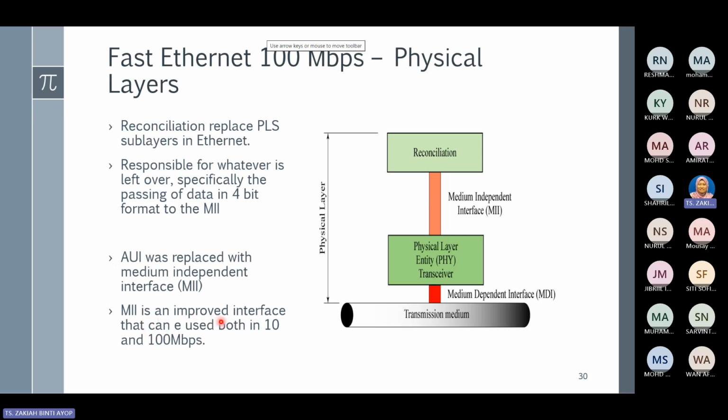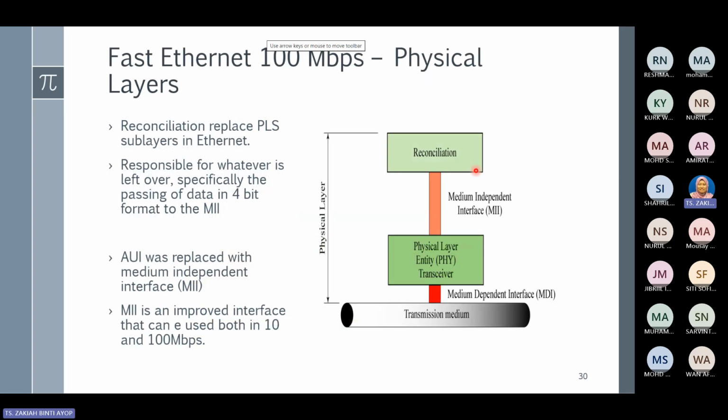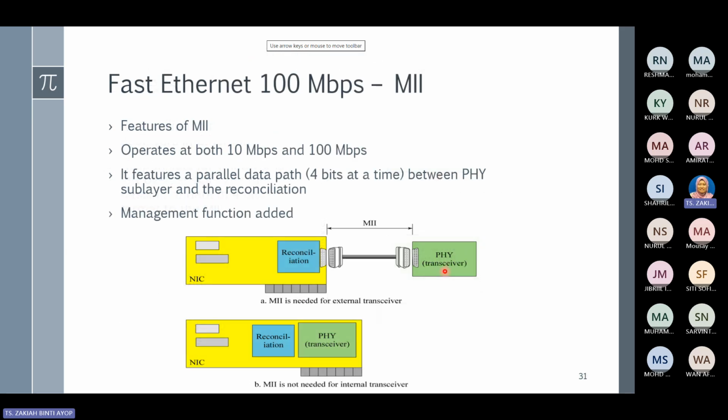MII, in fact, is an improved interface that can be used both on 10 megabits per second and 100 megabits per second. The medium independent interface is connected to the PHY, or physical layer entity transceiver. And then here it will connect to the medium dependent interface, or MDI.